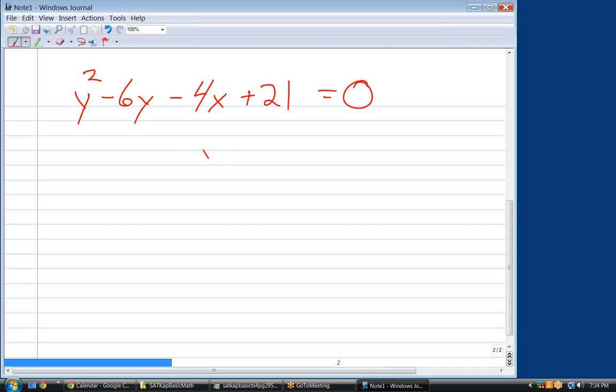The reason being is that the standard format for at least a horizontal parabola or a vertical parabola is this. Vertex format, where H and K are the vertex.